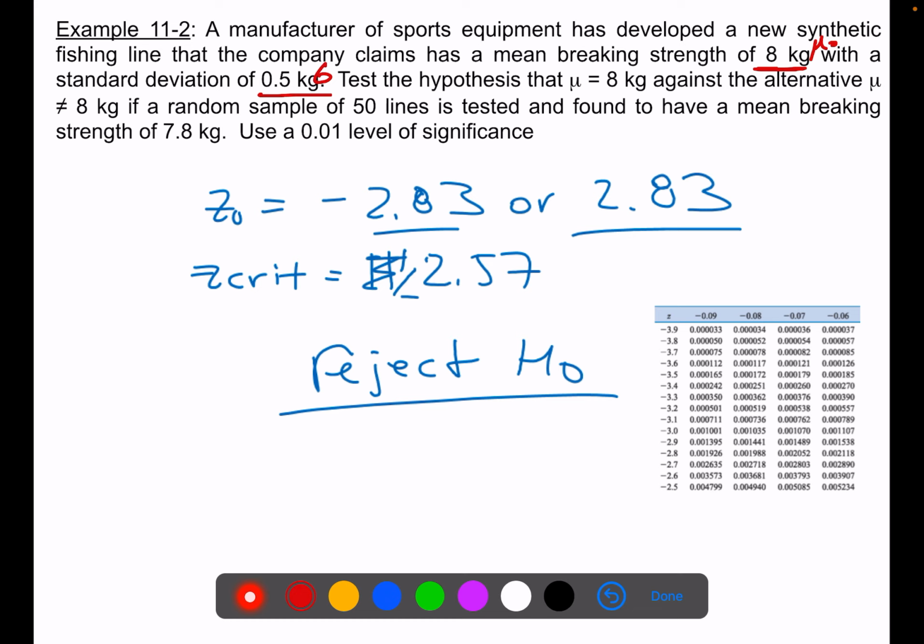So in the normal distribution for this number, 0.005, the closest number that you find is this one, right? 0.005. And that is equal to minus 2.57. So 2.57.